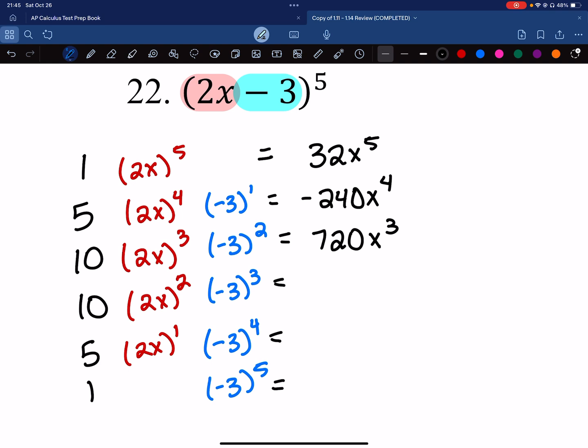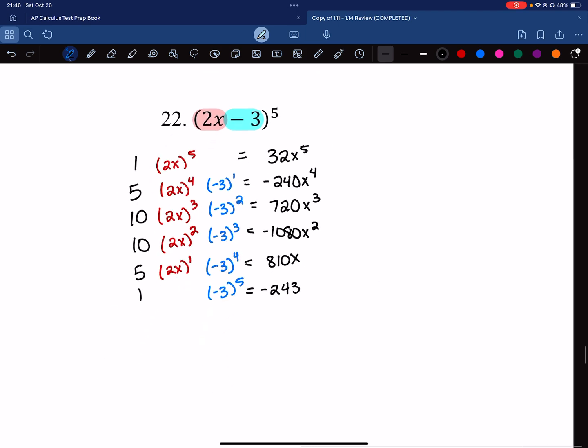10 times 2x squared times negative 3 squared, that would be 10 times 4 times 9, so it'd be a negative 1080 x squared. 5 times 2 times negative 3 to the fourth, that's going to be 810 x. And then negative 3 to the fifth power, that's going to be a negative 243.